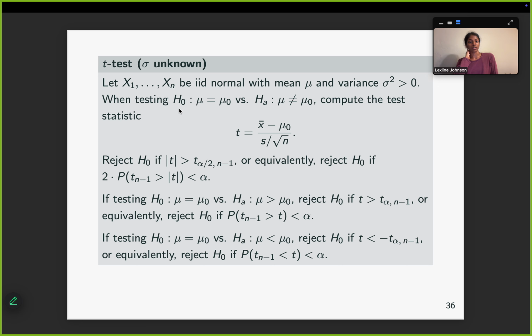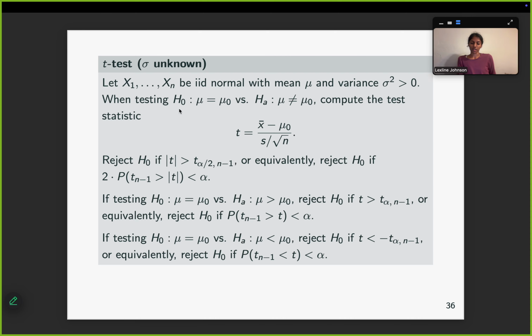Then we compute our test statistic t, which is our formula from before: our sample mean minus the value that we think the population mean might be, divided by our standard deviation divided by the square root of our sample size n.